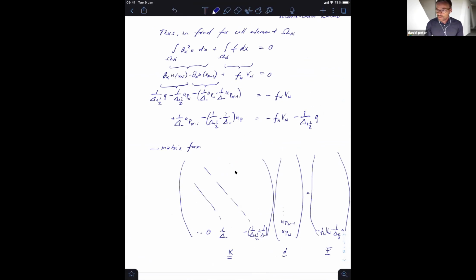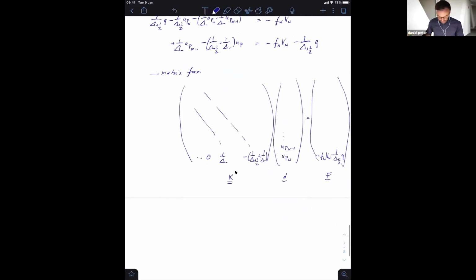So now we can actually build up these matrices, stiffness matrix, the unknown vector, and the right-hand side vector F. And then just solve a linear solver for the unknowns D, such that D is now the inverse of the stiffness matrix times F.